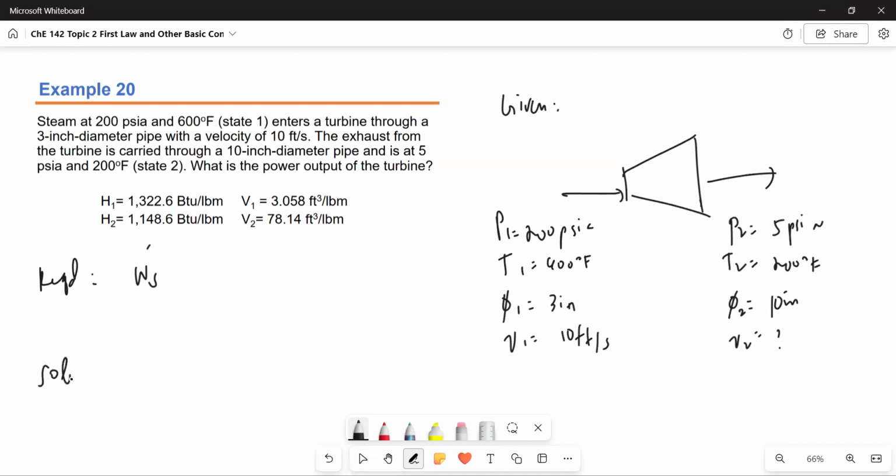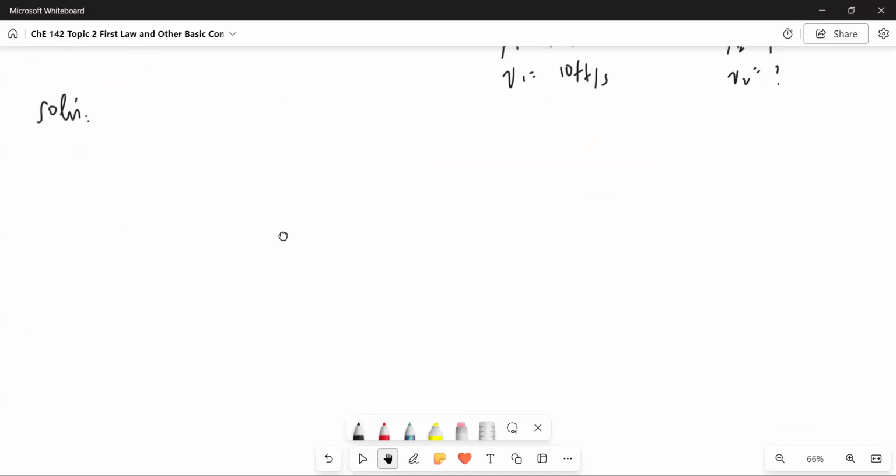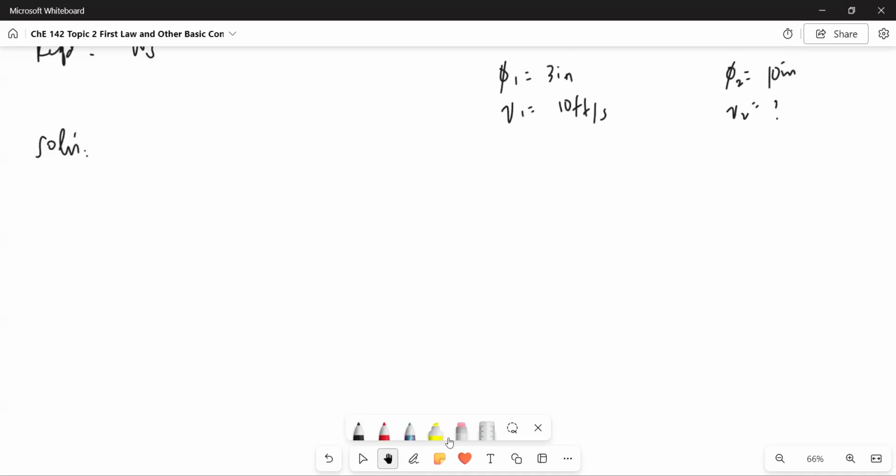So we begin our solution with the energy balance for a steady state, since our assumption is this turbine is a steady state device. So let's write the energy balance for steady state, Q plus work shaft.